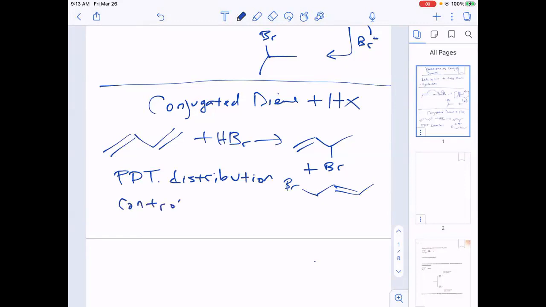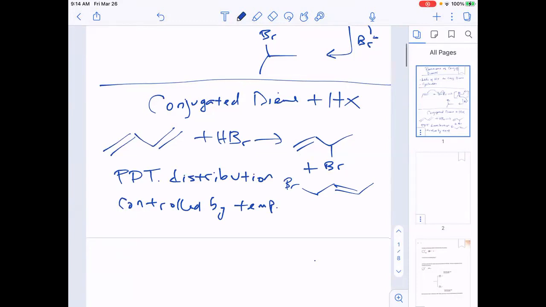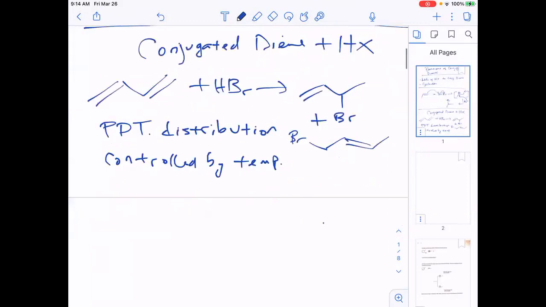It basically means how much product you're gonna get, like the ratio. Two products. Yes, that's exactly it. It's the ratio of the two products. That's all. It's a fancy term for percentage of each product. So you can control that product distribution by the temperature. All right. At low temperature, you get one product, which we're going to talk about in a second when we're going through the mechanism. And then at higher temperature.